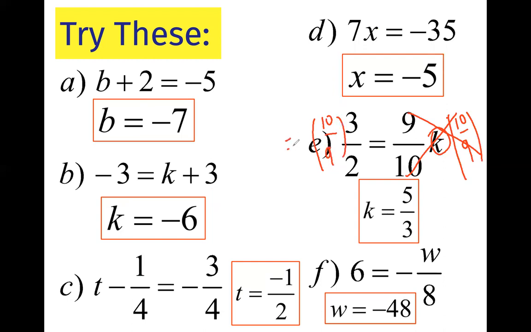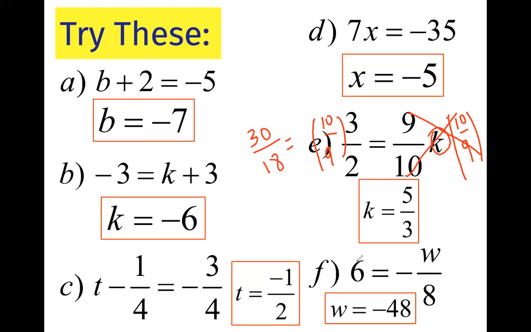You get that k equals 30/18, and you can reduce this by a factor of 6, which gives k equals 5/3.